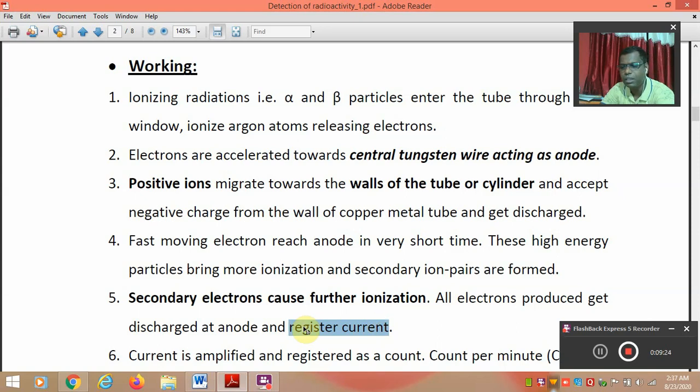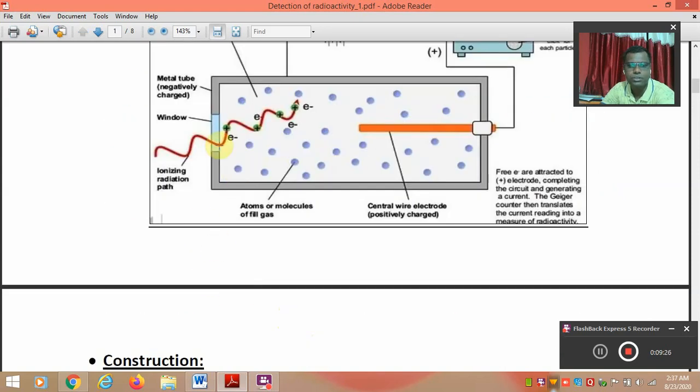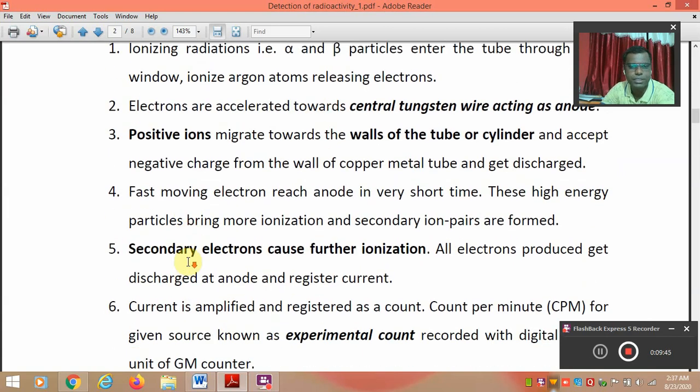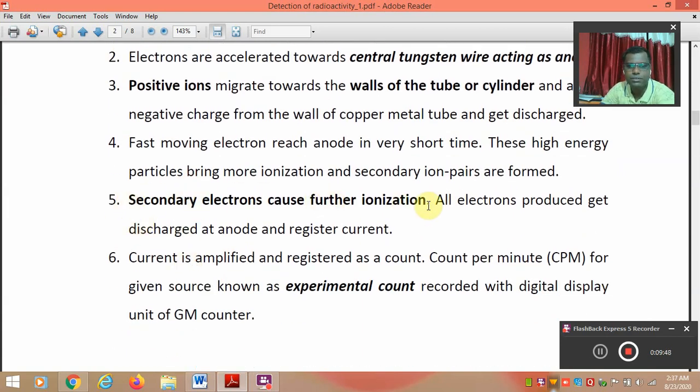So all electrons after primary, secondary or tertiary ionization get discharged at this anode, and the discharge of all these electrons is counted in the form of current. That discharge of electrons at the anode, through a resistor, is recorded in the form of current.